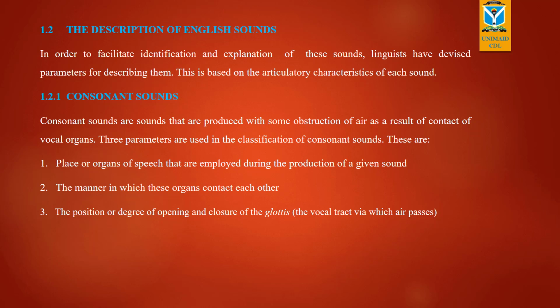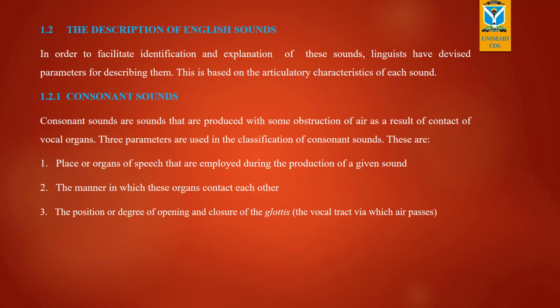Here, three basic parameters are used in the classification of the consonant sounds. That is, looking at them from what? From the place or organs of speech that are employed during their production. That is, place of articulation. Then the second parameter is the manner in which the organs make contact with each other.